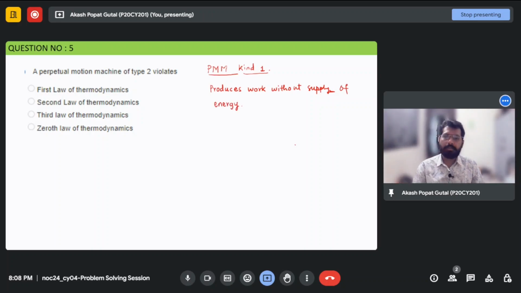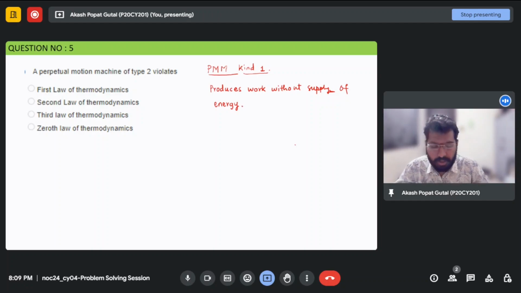What I defined earlier is one kind. These are hypothetical machines. They are never possible because they violate one of the laws of thermodynamics, and they come only from thought process. So the perpetual motion machine of kind 1 produces work without need of energy.